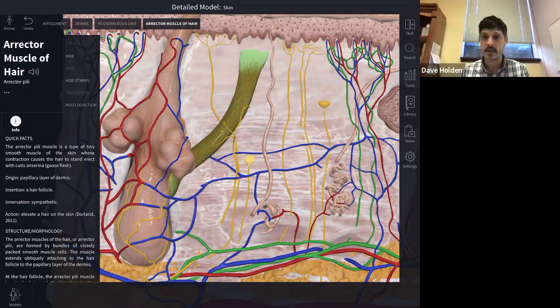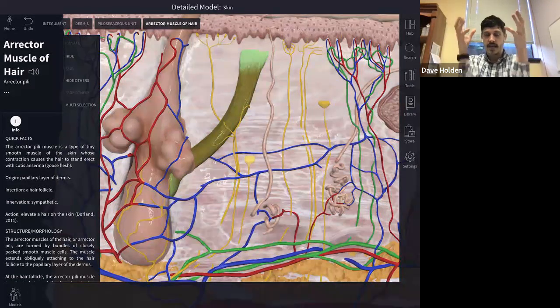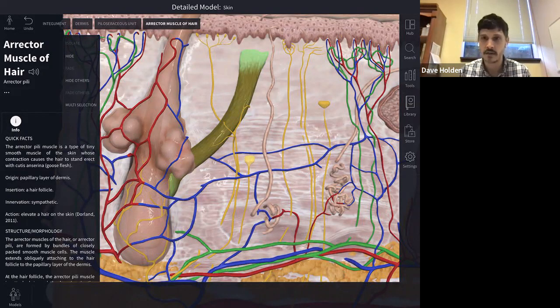When it contracts, when it gets stimulated to contract, the bottom side pulls up towards the top side. So the entire hair follicle is raised up towards the surface of the skin. That's a goosebump. Each hair follicle has an associated arrector pili muscle.